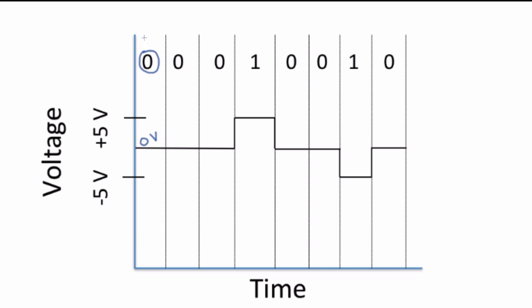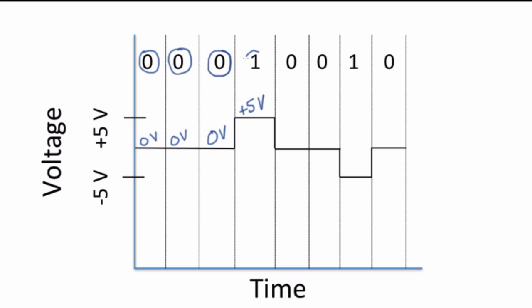If we're currently at 0 volts, and currently we have a binary 0, we see in the next time slot we have 0 volts. That results in another binary 0. In the next time slot, another 0 voltage potential, another binary 0. But look at this. In the next time slot, we have a binary 1 because we have positive 5 volts.